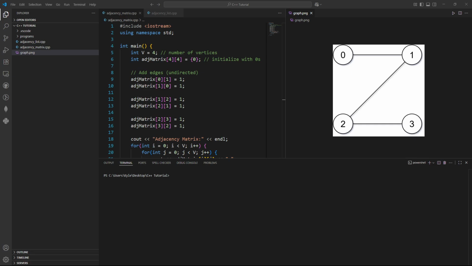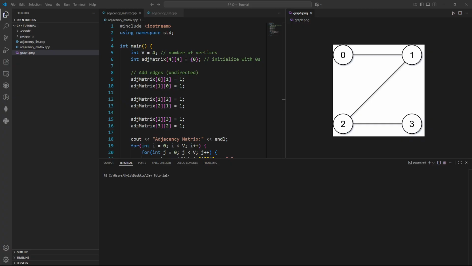Well, there's two ways. The first, shown on screen, is using an adjacency matrix representation. Here, we represent a graph using a 2D matrix. So, for example, if adjacency matrix ij is 1, that means that there's an edge between vertex i and vertex j. Since this is an undirected graph, we would set both adjacency matrix ij and ji.